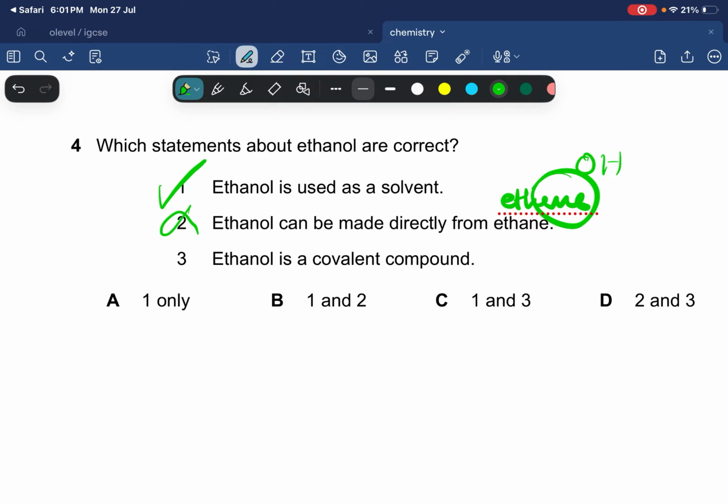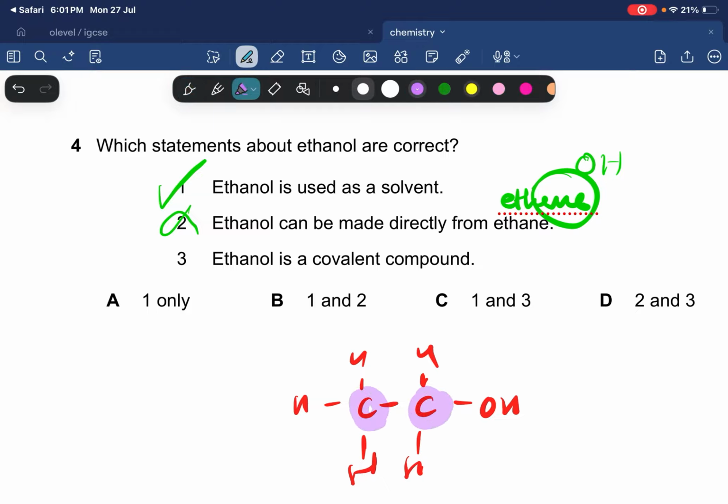Ethanol is a covalent compound. Yeah, it's a compound. It's covalent as well. Why? Because look. Compound means more than one atom chemically combined. Carbon, OH, H. How many different types of atoms are we dealing with?